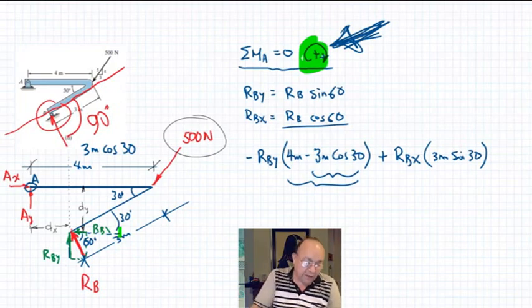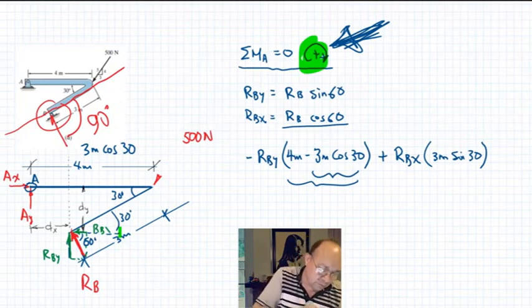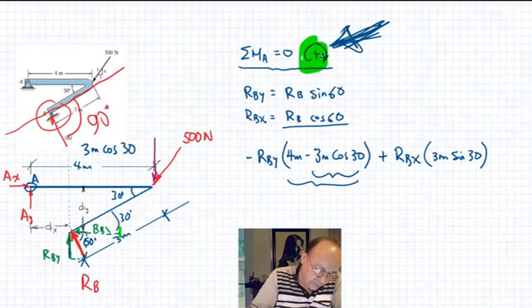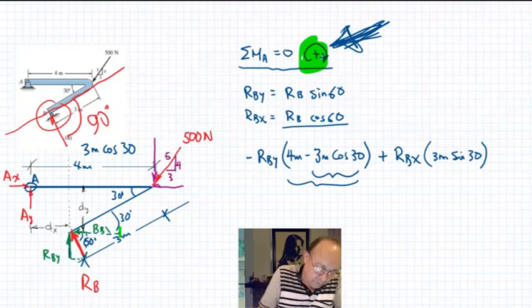Yes, the 500 Newton force produces moment with respect to point A, and we can make the composition of the 500 force into a vertical component here and a horizontal component here, and we have that this is a 3, 4, 5 triangle.